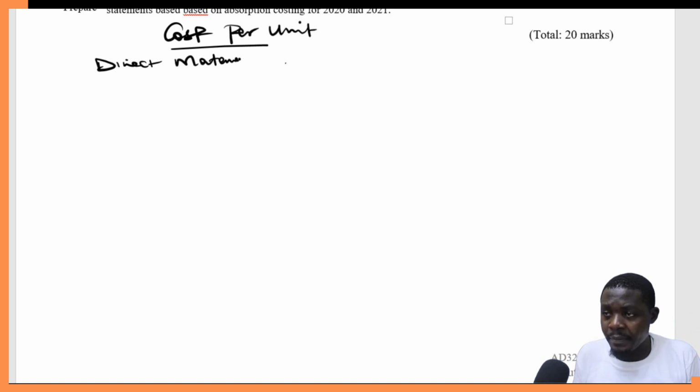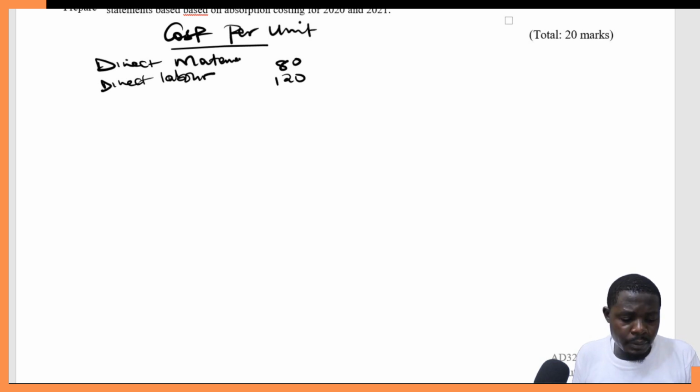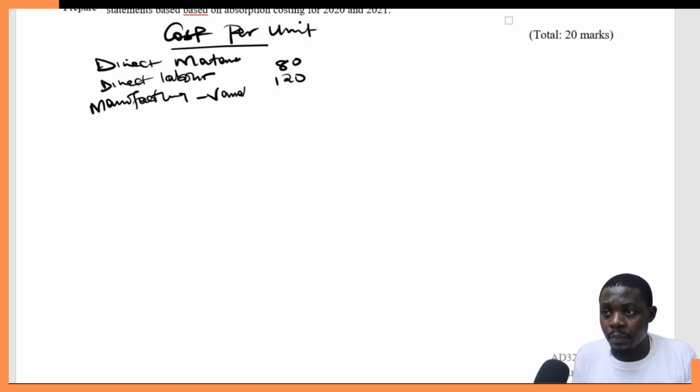That is 80. Direct labor, which is 120. Manufacturing overhead, or production overhead variable, which is 40.